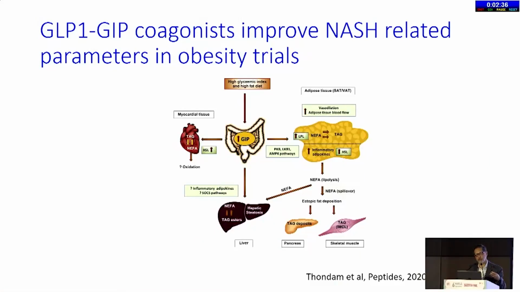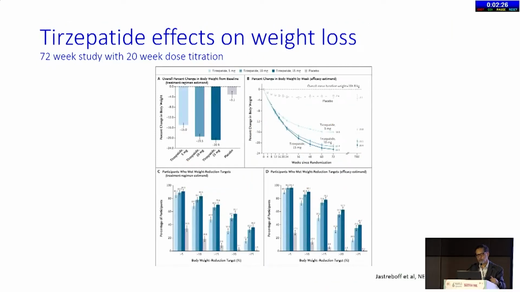The GLP-GIP co-agonist, the GIP has additional effects both in the liver and in adipose tissue, which insulin sensitizes, and of course also allows higher dosing of GLP-1 because it ameliorates the nausea to some degree. And tirzepatide is the prototype compound for this, and this is the New England Journal paper.